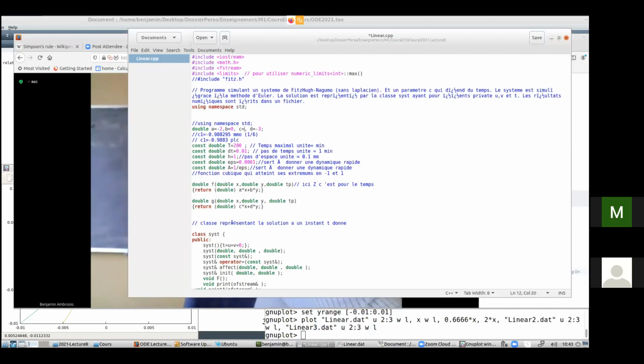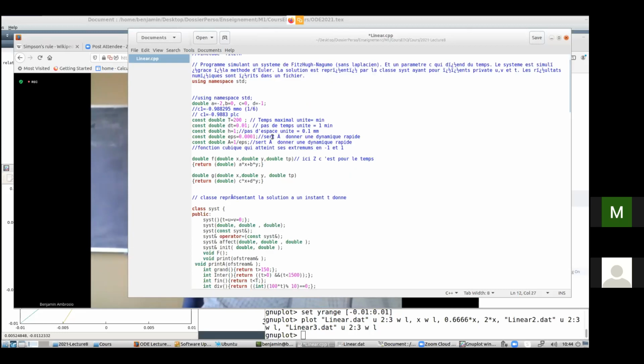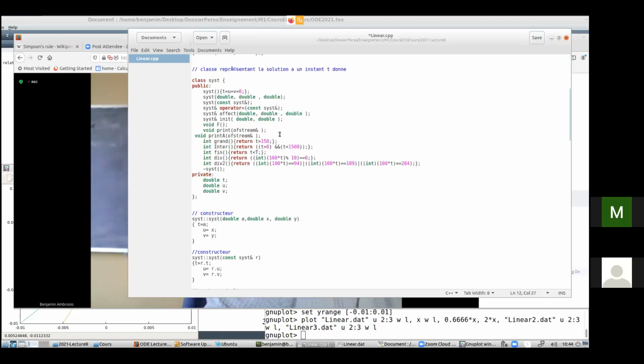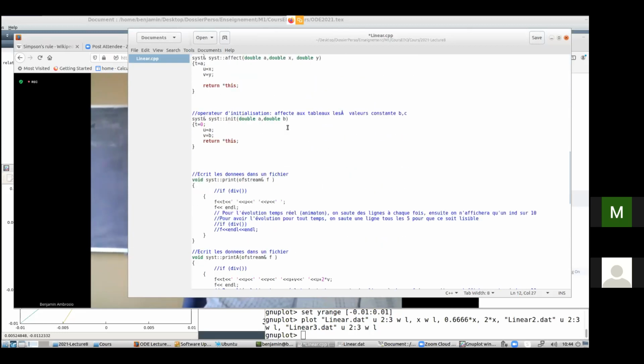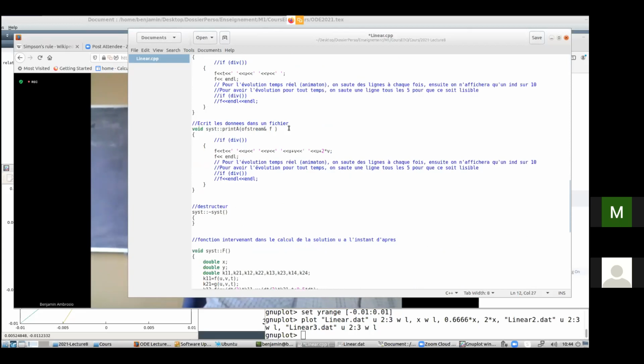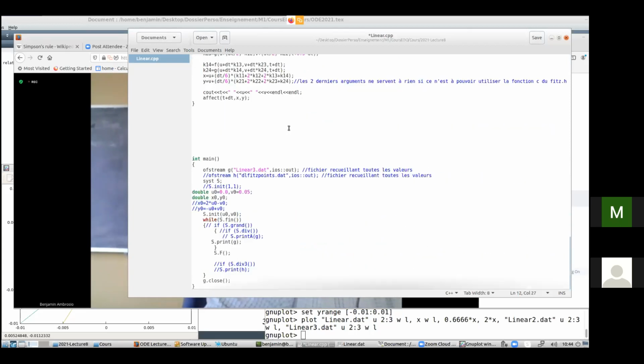And d equals minus 1. So now my matrix is the diagonal matrix with the eigenvalues on its diagonal. All right.